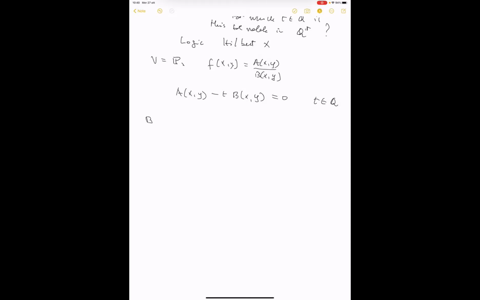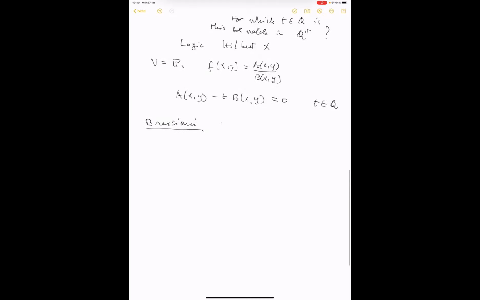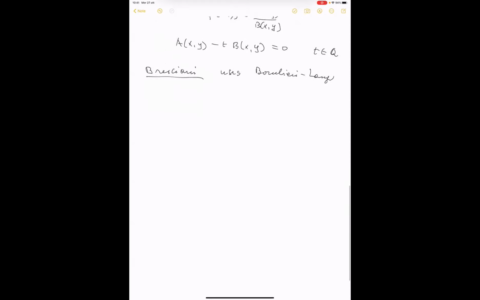Giulio Bresciani has recently studied this issue, but uses the Bombieri-Lang conjecture, which is a very strong, widely open conjecture. So he has a number of results, but under this strong conjecture.